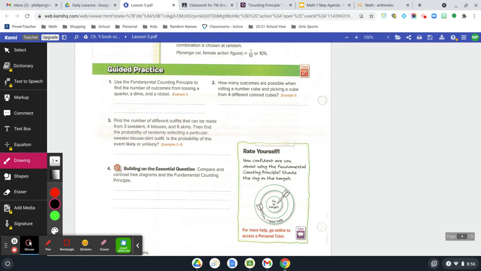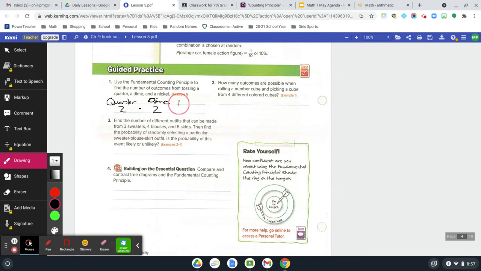So if we think about a quarter, we know there's heads and tails, right? So there's 2 possibilities on a quarter times, talk about a dime, heads and tails again, 2 possibilities there. Sorry about my messy handwriting.